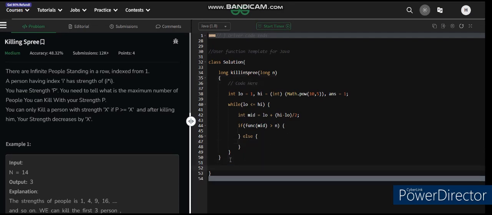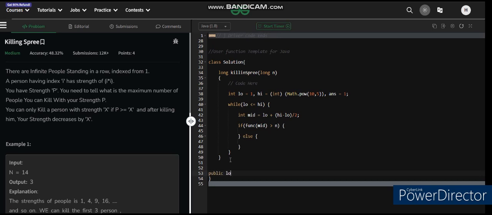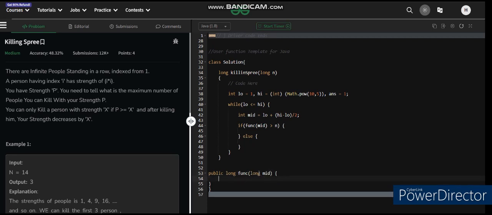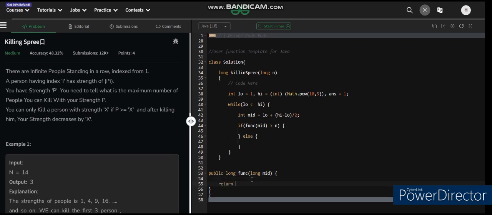This formula may return a long value because it may be huge, so we are passing long mid here, not int mid. Let's type this formula here. It is mid into mid plus 1 into 2 into mid plus 1 whole divided by 6.